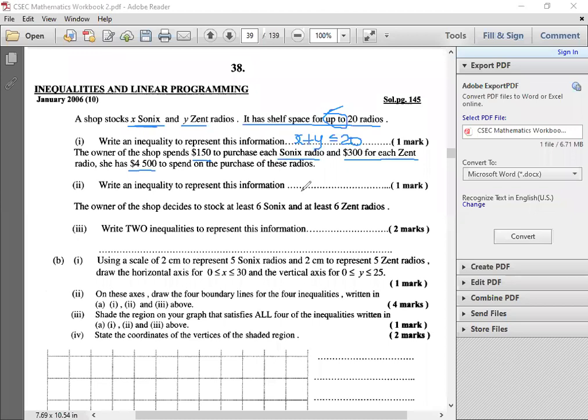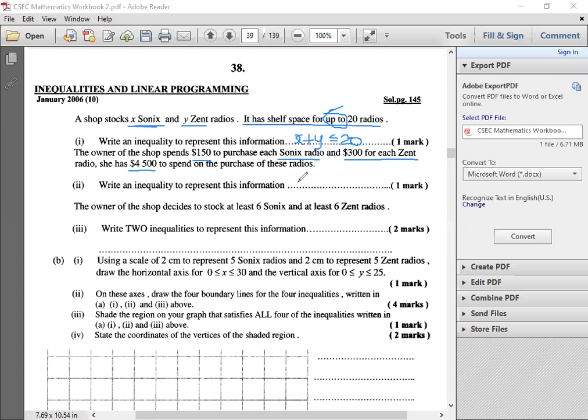Sir, can you put X open bracket 150 plus Y open bracket, well, Y 300 plus X 150 is less than or equal to 4,500? So it's 300Y. No, it's 300X, man.